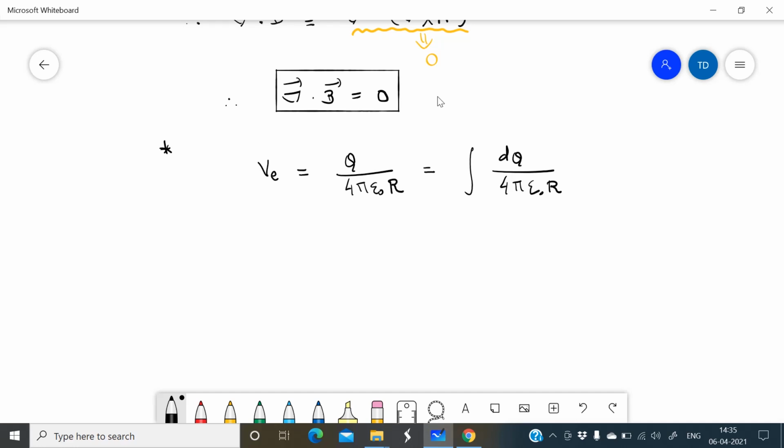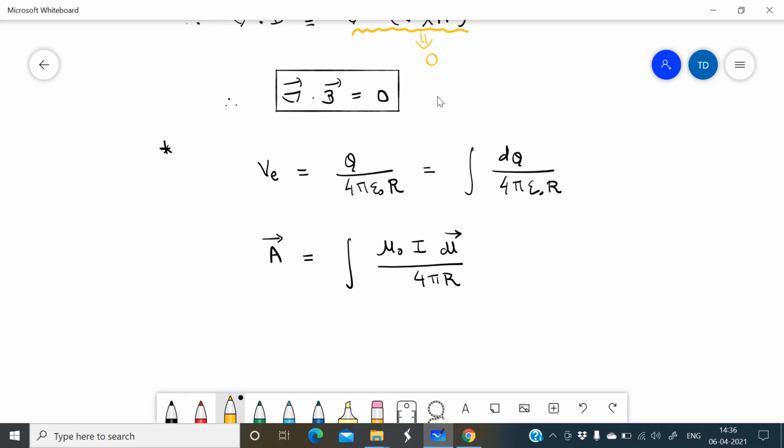Similarly, the vector magnetic potential A is written using Biot-Savart's law: integration of mu 0 I dl vector upon 4 pi r.